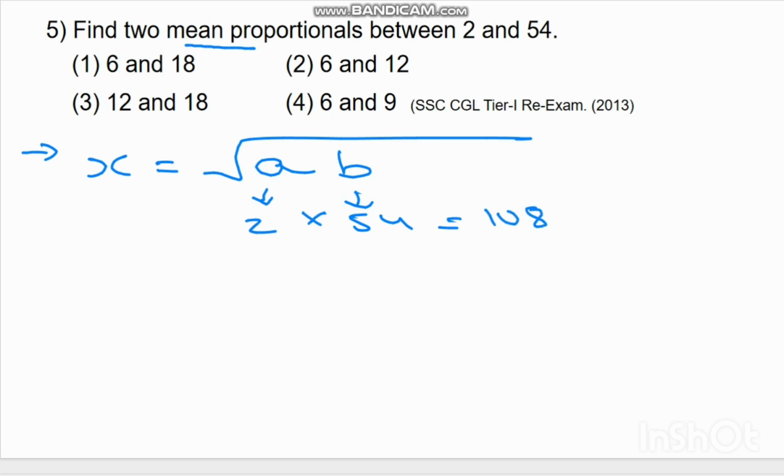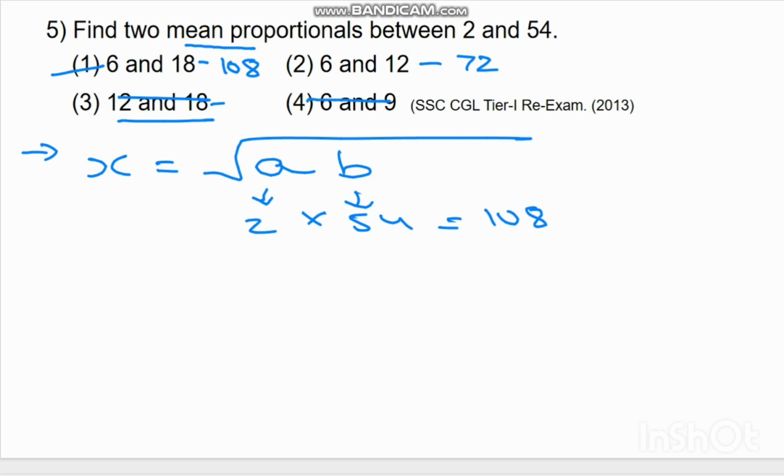In the question, 6 into 18 is 108. 6 into 12 is 72. 12 into 8 is 108. So it was a wrong answer. And 6 into 9 will be less than 100. So it was wrong. So guys, answer 1 is the correct answer.